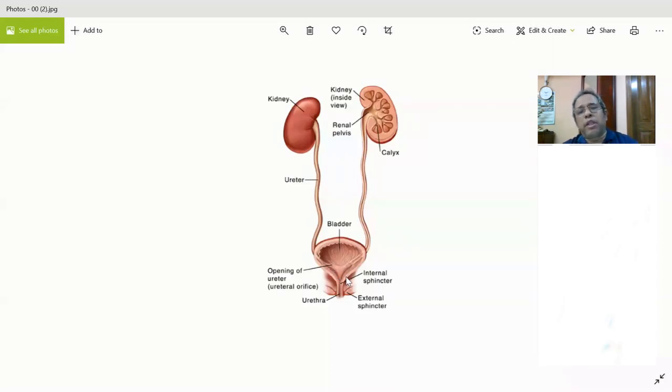Another important thing to always remember: the lining epithelium from the urinary bladder to the renal pelvis, that means the calyces of the renal pyramids, is the transitional epithelium. That epithelium has the capability to shrink and convert into multiple layers, and whenever stretched, it converts into a single layer.